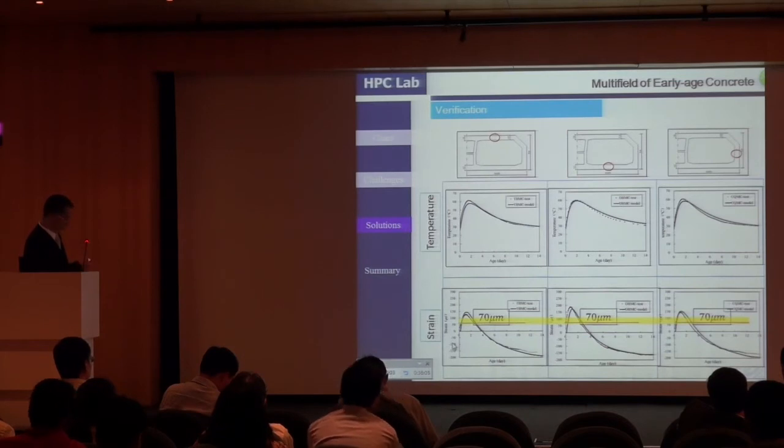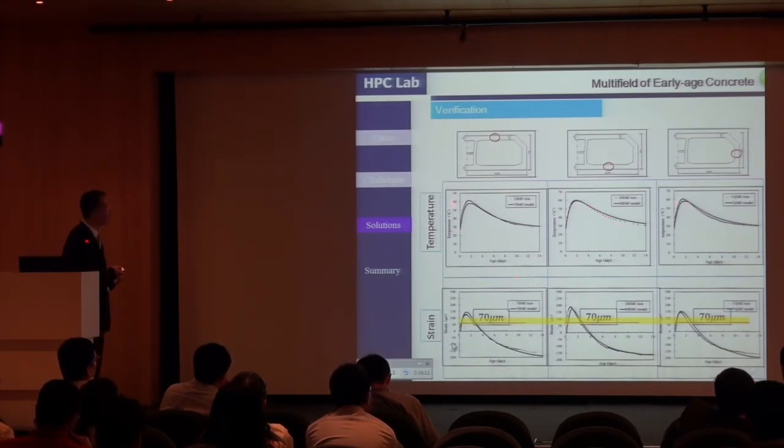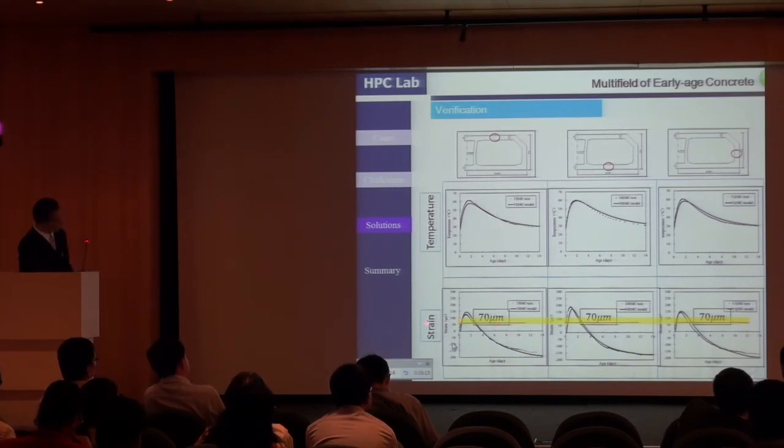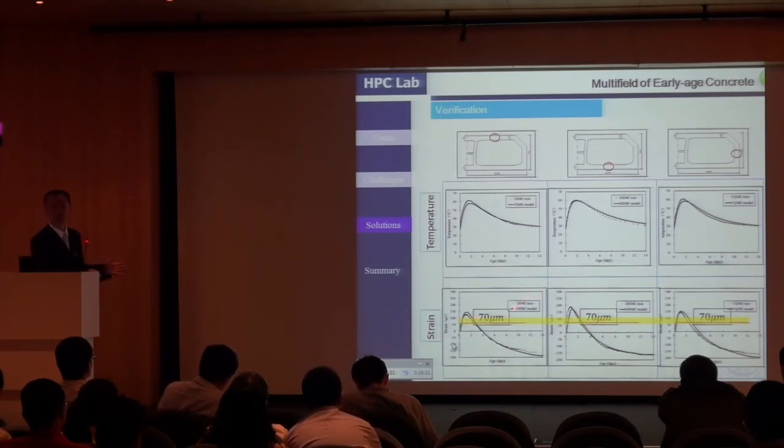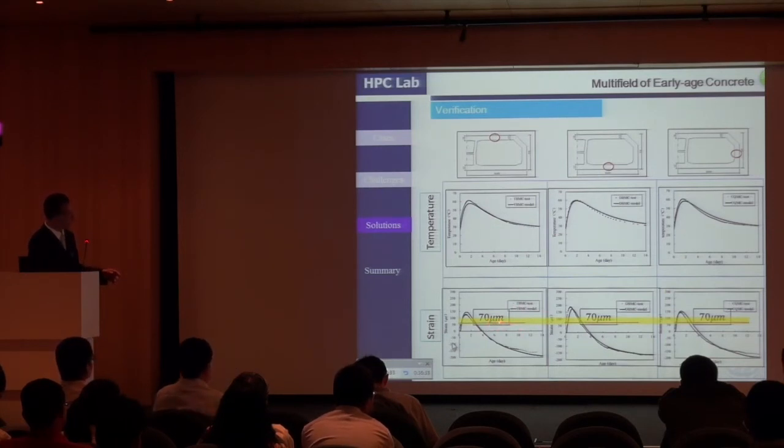With this simulation, we can find that the temperature is very close to what we have measured. And the strain is also quite similar, quite a good fit. But the concrete is very brittle, especially at the early age. So at around 70 micro strain, it would be cracking.